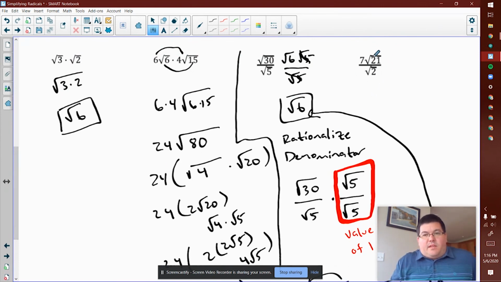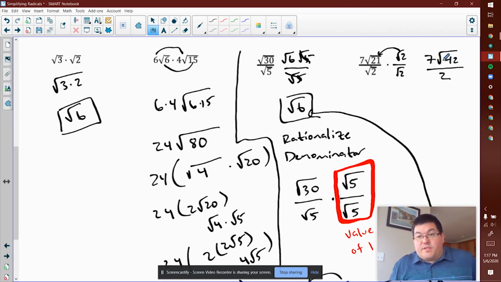Now, for one that maybe doesn't play quite as nice, we can use the same strategy. Multiply top and bottom by that value. Radical times radical, we end up with 7 square roots of 21 times 2, so that is 42, all over the square root of 2 times the square root of 2, which is just 2.